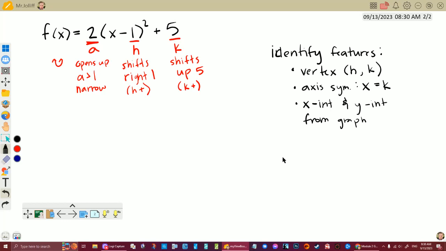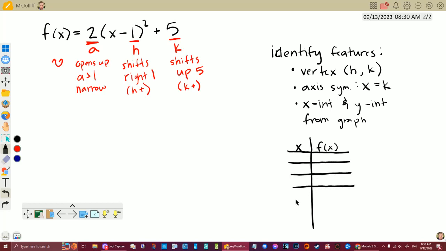Remember to graph the parabola. When you make your table, x and f of x, and you're trying to find points to create your graph, if you've got 5 boxes, 7 boxes, 9 boxes, that middle box should be the vertex.